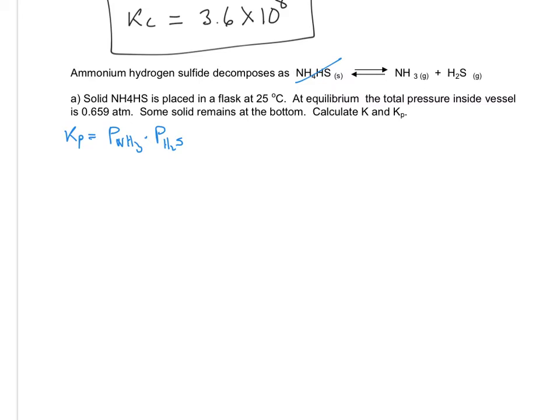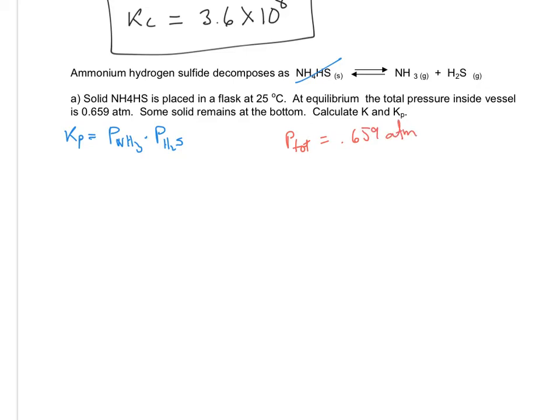All right, well, I don't have either of the partial pressures, so I need to figure something out in order to find them. Now, what I do know is that at equilibrium, P total is equal to 0.659 atm.